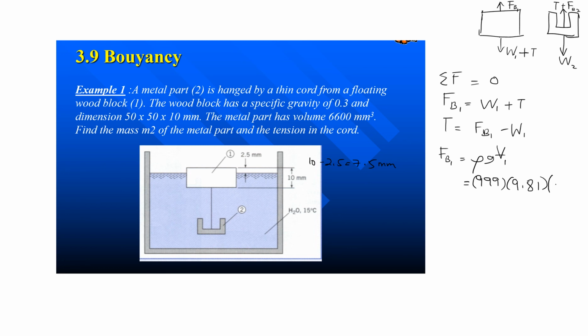So the volume is 50 times 50 times 7.5. Since it's in millimeters, you have to convert it to meters, times 10 to the power of negative 9.